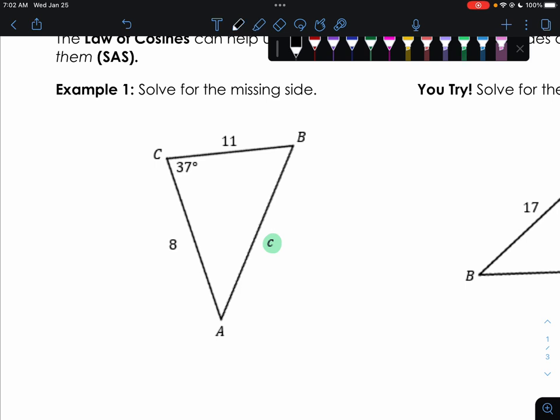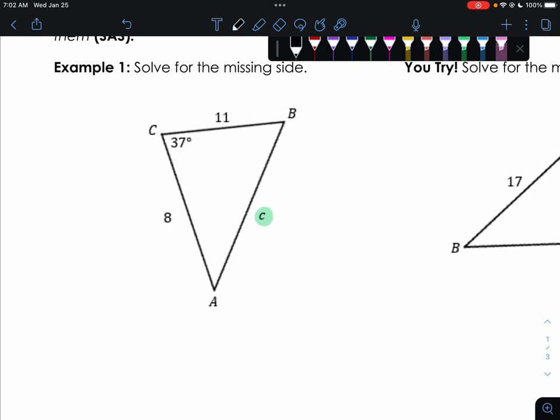So I am going to write down the formula that we just came up with. That would be C equals the square root of a squared plus b squared minus 2ab times cosine of angle C. So what I need to do is I need to be able to label my sides.